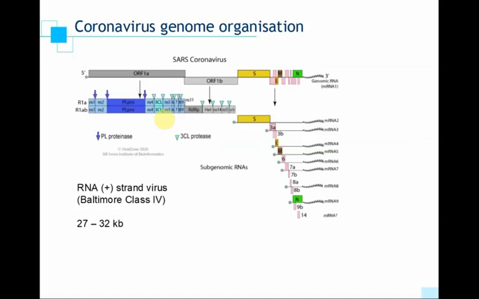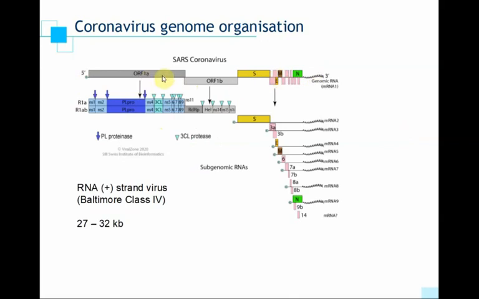Okay, so once you've got the genome in the cytosol, what does the genome look like? It's organized like this. You've got one large RNA molecule, and coronaviruses have the biggest genome of any RNA virus, so they're kind of like champions for this. If you look at it, the 5' end has two large open reading frames, and the 3' end has a whole bunch of different smaller open reading frames.